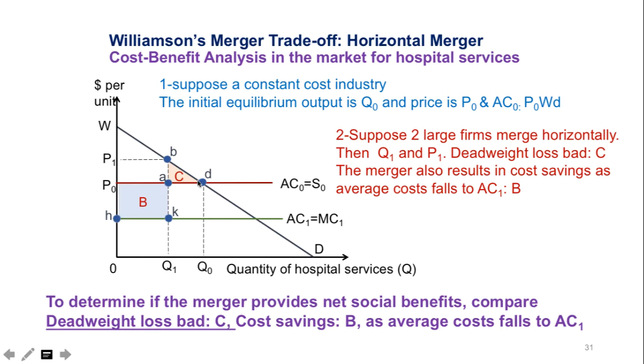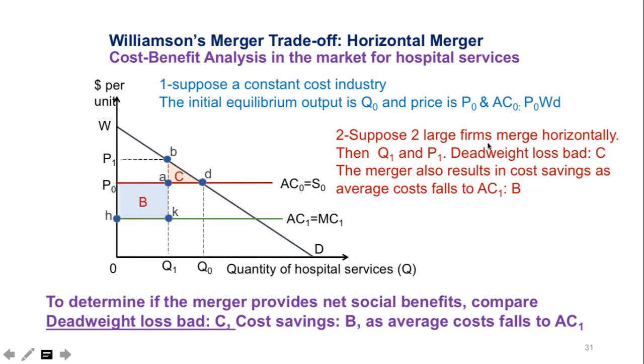The intersection of market demand and market supply determines the level of output and price, P0 and Q0. In that case, initially, without merging, the consumer surplus is the area below the demand curve and above the market price, which is the triangle WDP0.